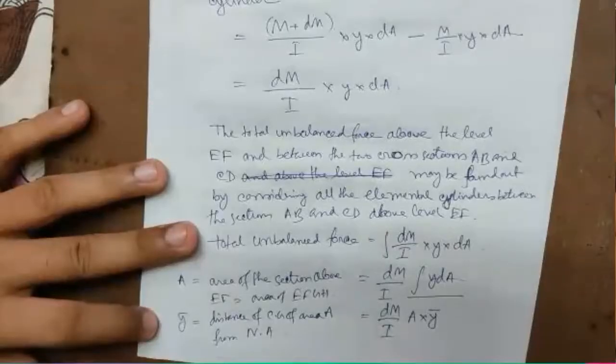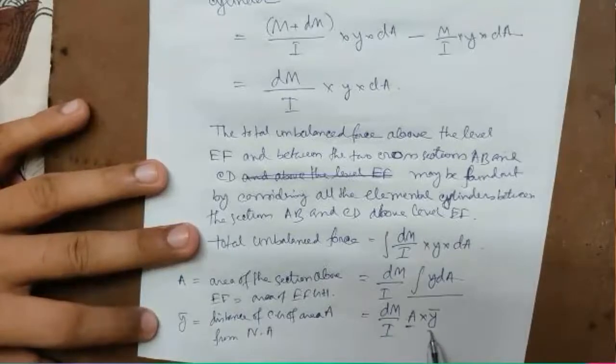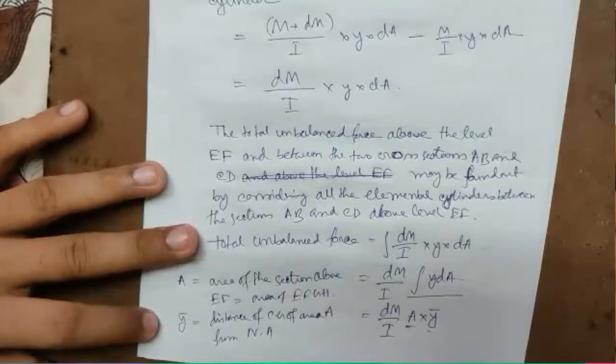So this is the total area of EFGH, and y bar is the distance of CG of EFGH from the neutral axis.